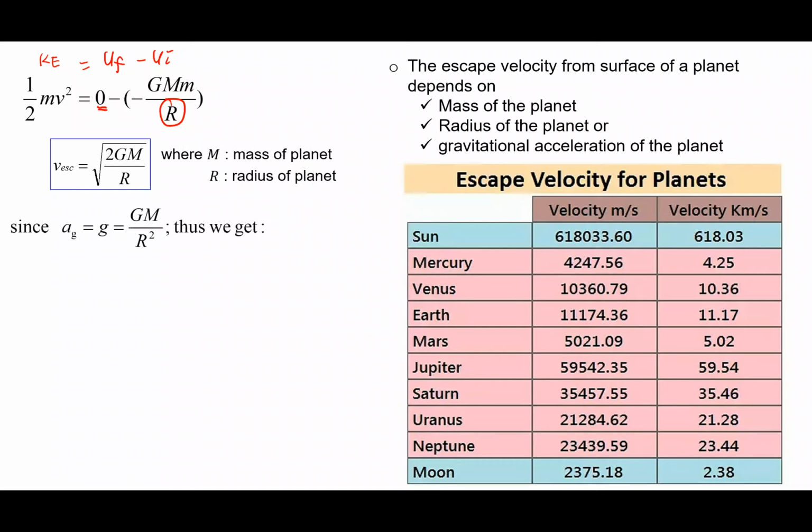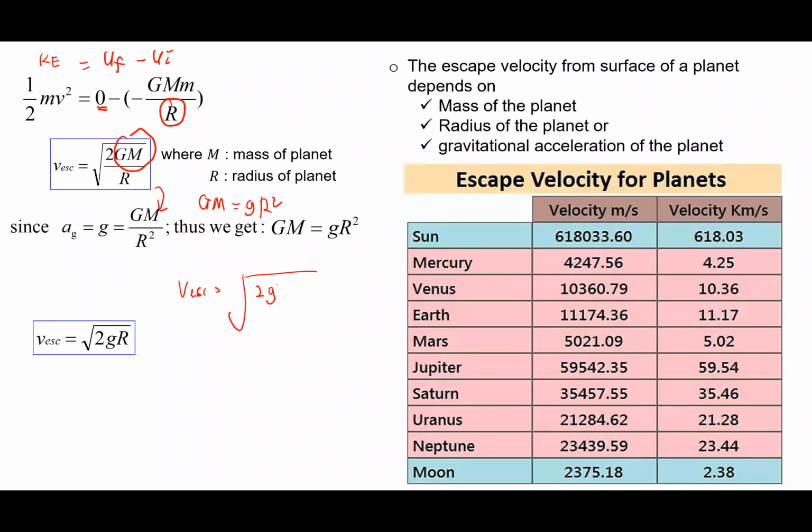Okay, since kita tahu gravitational field strength adalah sama dengan GM over R squared, so GM dekat sini kita boleh replace dengan rearrange equation ni. So, GM adalah equivalent dengan g R squared. So kita akan dapat V escape kita adalah juga sama dengan square root of 2 g R squared over R yang dekat bawah ni.